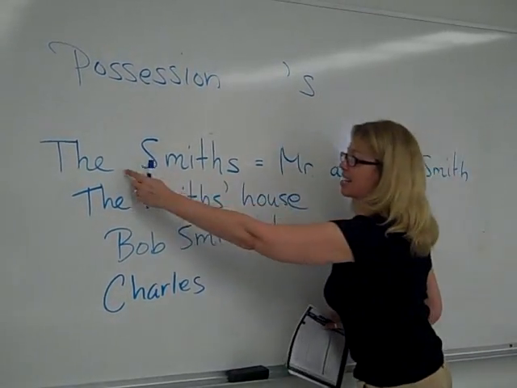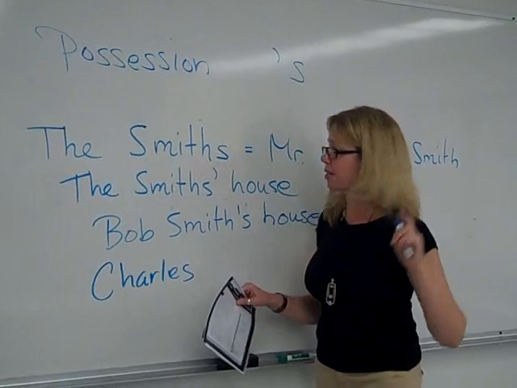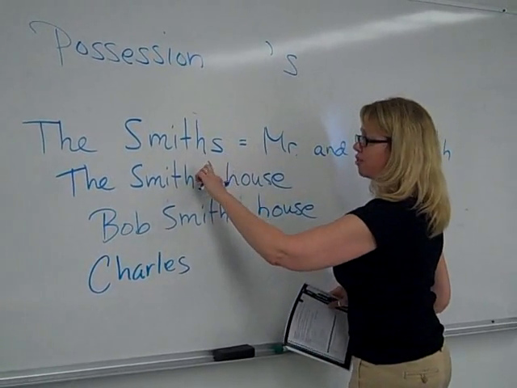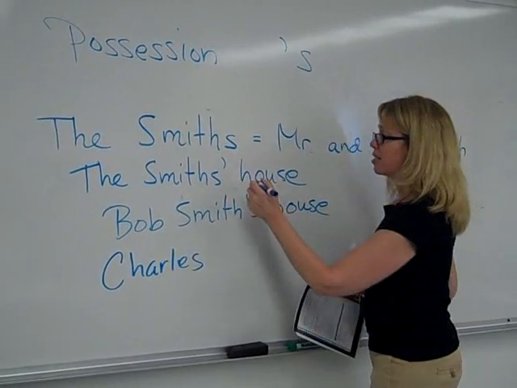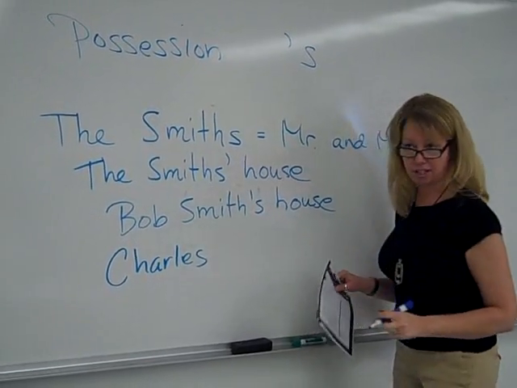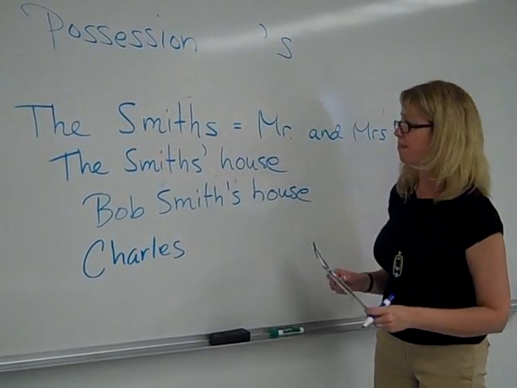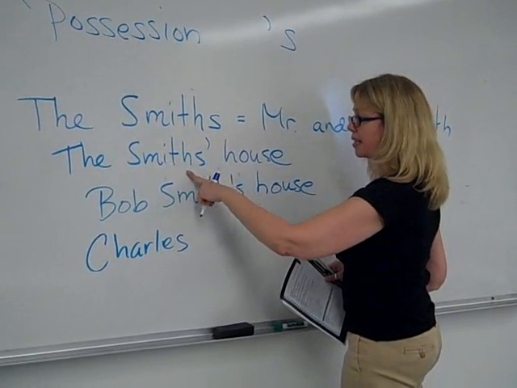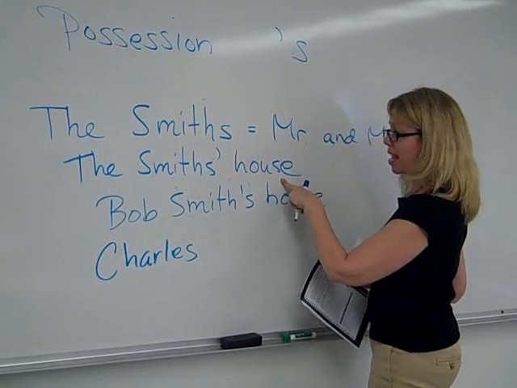So the Smiths is never going to refer to a singular person. So then we're going to have to put the apostrophe on the outside, the Smiths' house. Don't put an extra S because there's no such thing as the Smithses' house, okay? So everyone understands this is plural. The Smiths, apostrophe on the outside, no S, and then the noun.